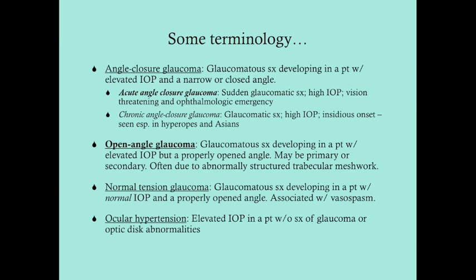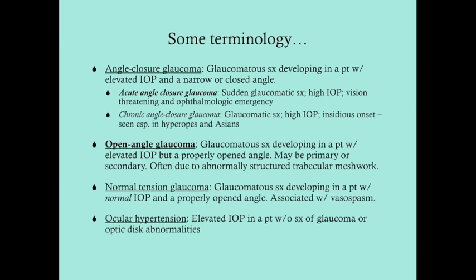So this is much different from the rest of these processes, which are more insidious. In these patients, they'll have a high intraocular pressure, usually in the 40s, 50s, and 60s and beyond. And remember, the normal intraocular pressure is 12 to 20 millimeters of mercury, so a very high intraocular pressure. And this is a vision-threatening and ophthalmologic emergency.